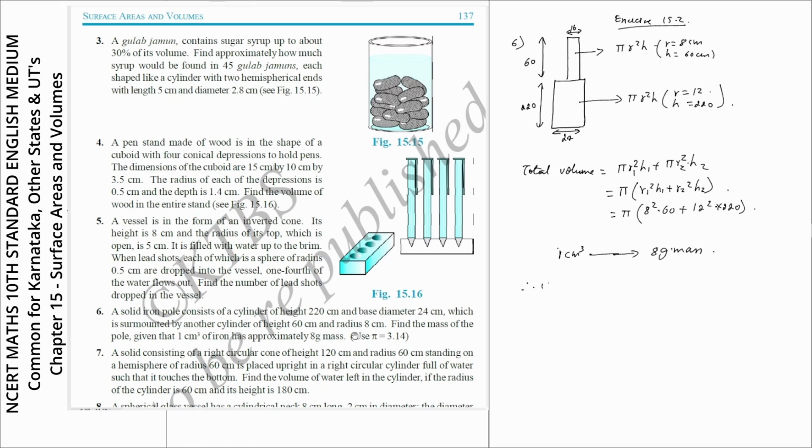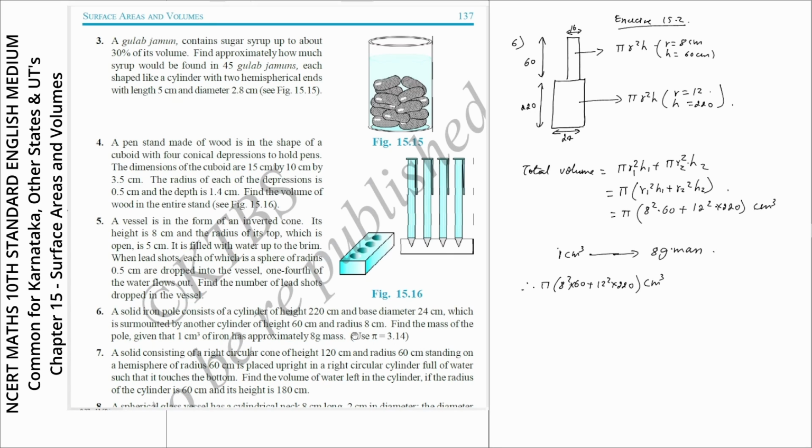Therefore pi into 8 square into 60 plus 12 square into 220 is this much centimeter cube. So total volume is this many centimeter cube.